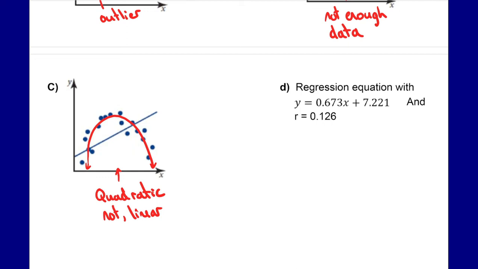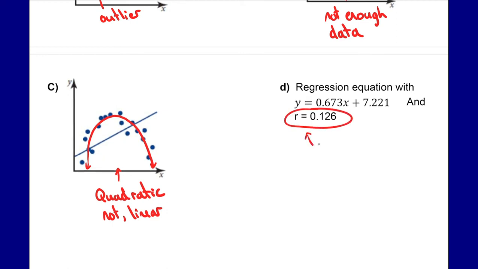to make predictions. And then lastly, a regression equation with y equals 0.673x plus 7.221 and an r value of 0.126. So in this case, the main thing here is this r value.